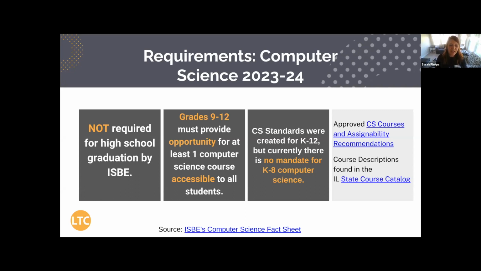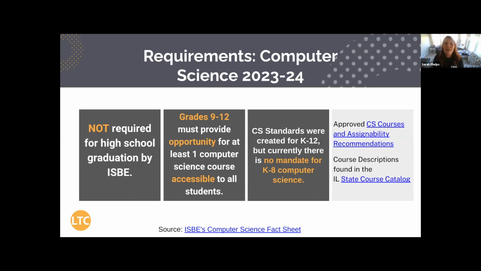But at least one computer science course must be offered and accessible to all students in grades 9 through 12. And then the requirement was that CS standards were passed, and that's what we see now. They are created for K-12, again, to support that knowledge acquisition to that high school level course. But again, there's no mandate for computer science in K-8 yet either.